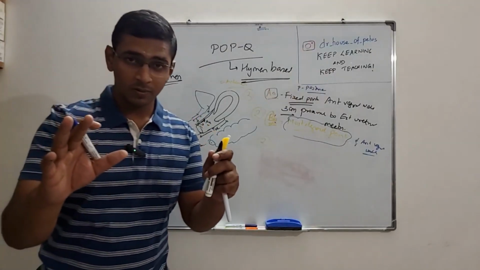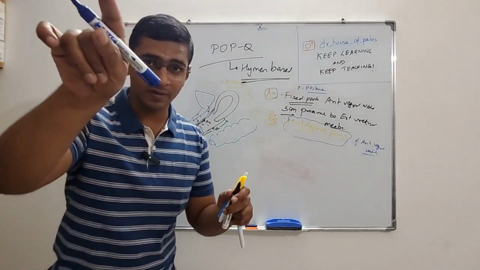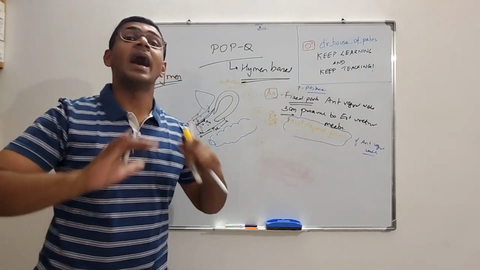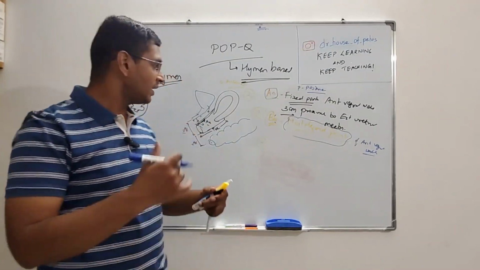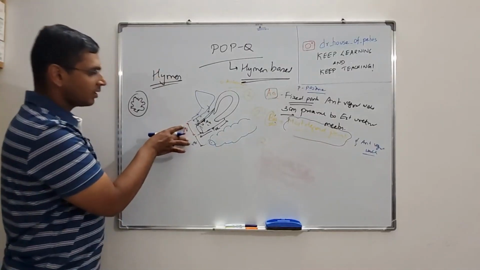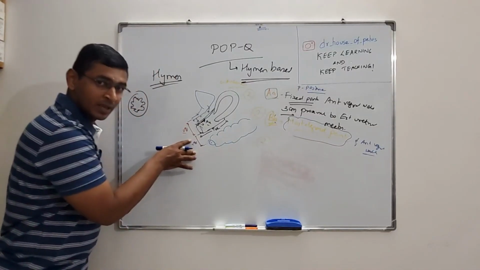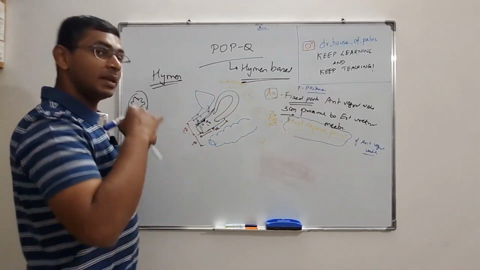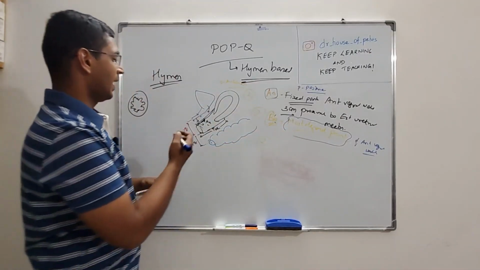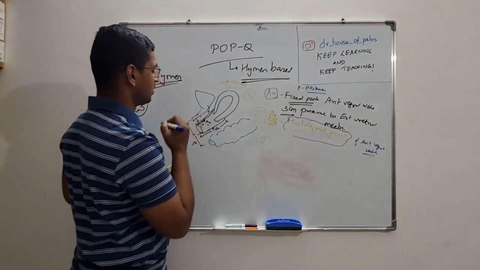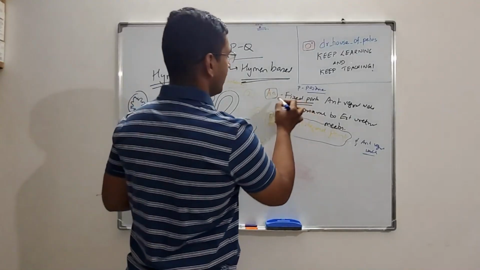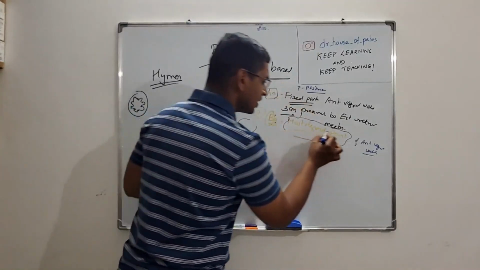Just to remind you, as soon as I measured the total vaginal length, I asked the patient to do complete straining. After complete straining, I check the genital hiatus, I check the perineal body length, then I come to the points. Right? In maximal straining, I measured the point 3 centimeter proximal to the external urethral meatus, which is where AA was found, and BA is the most dependent point.